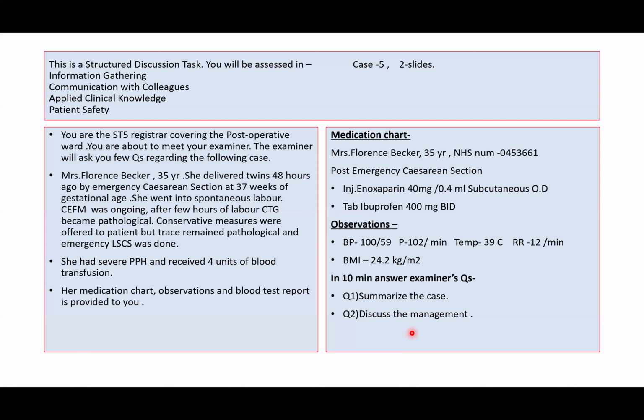I would also like to know about her labor and delivery: how was the labor, any complication during delivery apart from this PPH, any history of repeated vaginal examination, whether the cesarean was done on time or not, and whether during labor she received adequate hydration or not.